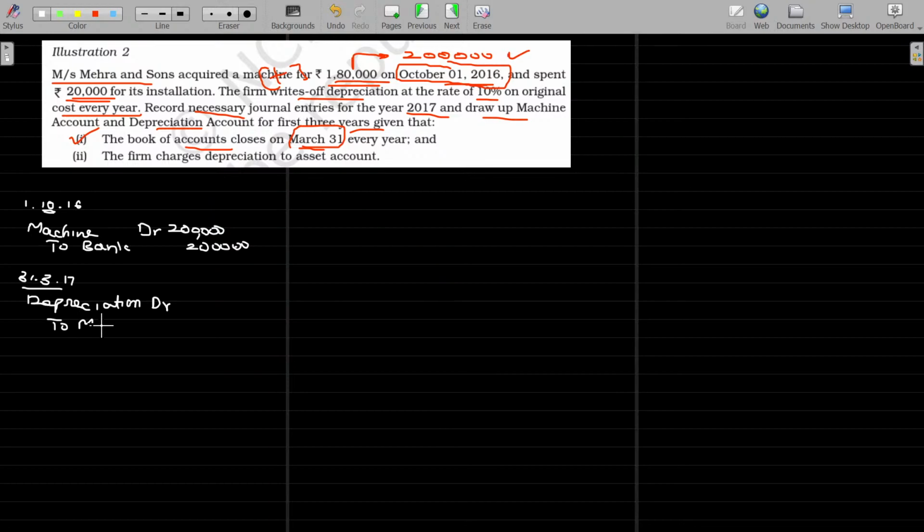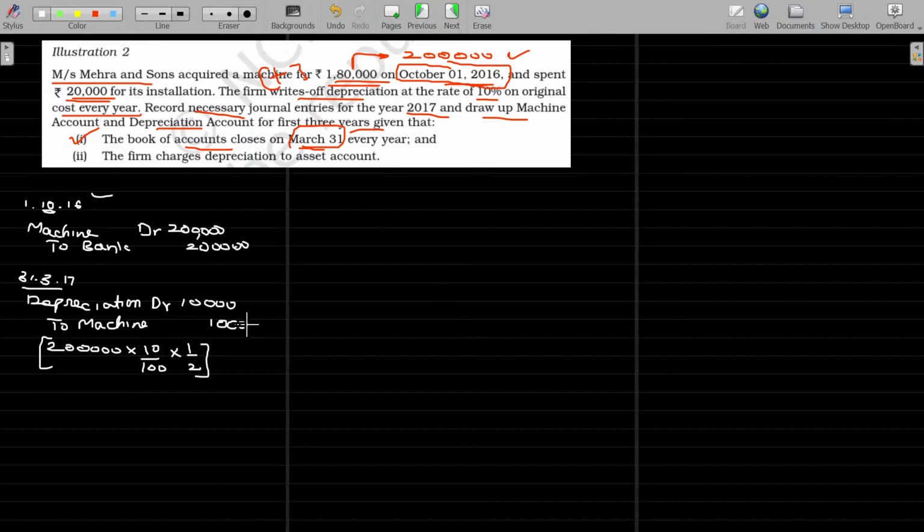The value being 10% on that, 20,000. Yeah, here it's only 6 months on 2 lakhs. Calculate for 1 year's depreciation, but this is eligible for only half year. Starts from 1st October, ends on 31st March, half year, 10,000.